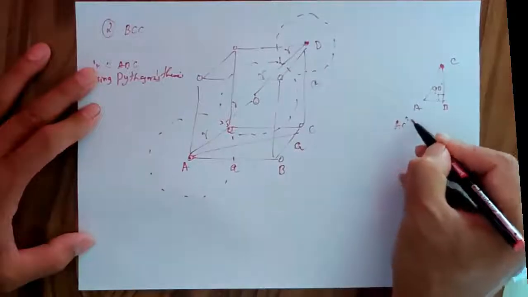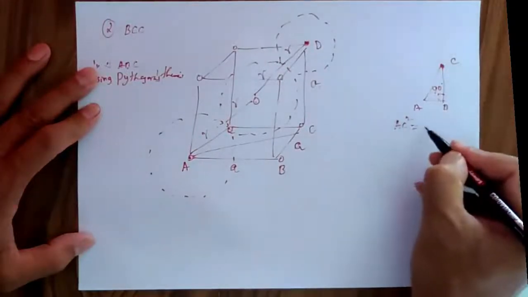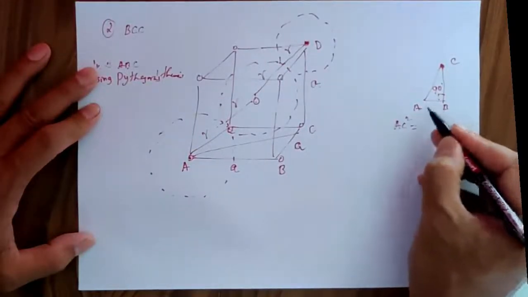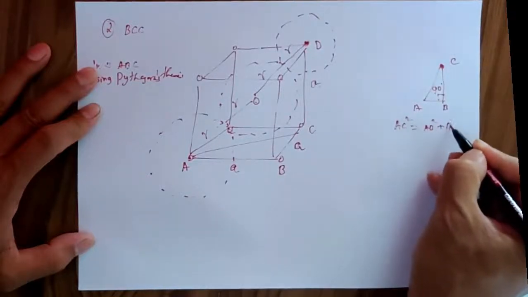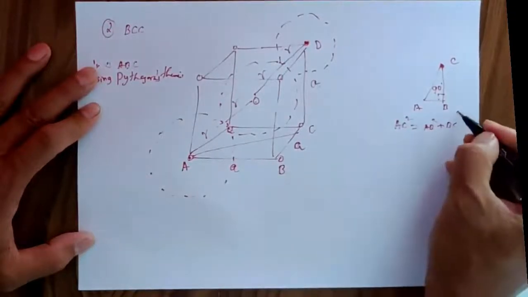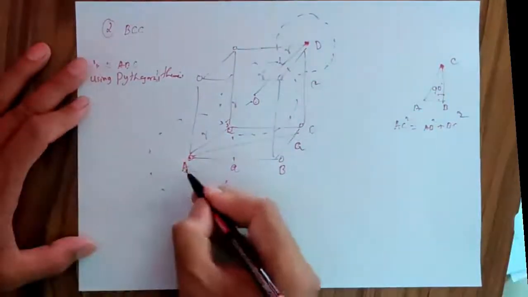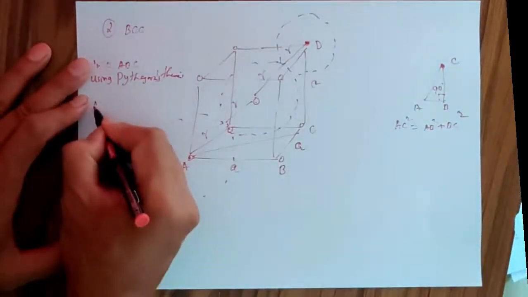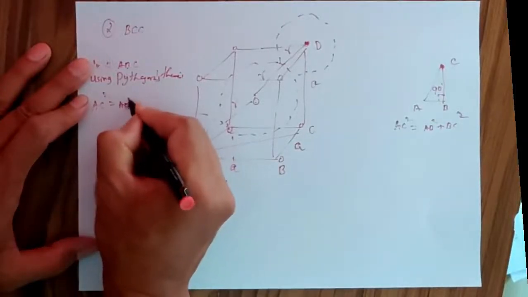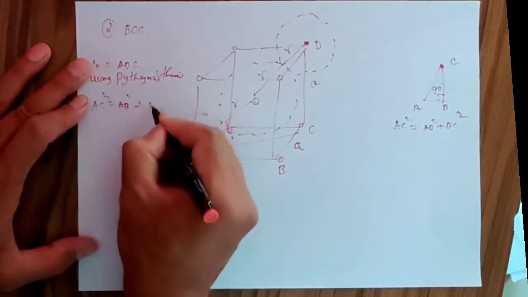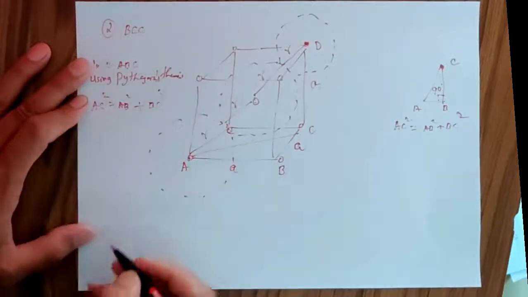Hypotenuse square is equal to the sum of the squares of the base and the perpendicular. So AB square plus BC square. AC square is equal to what? AB whole square plus BC square.